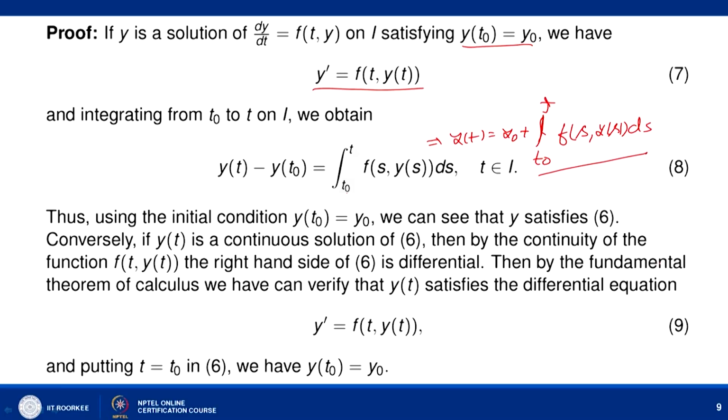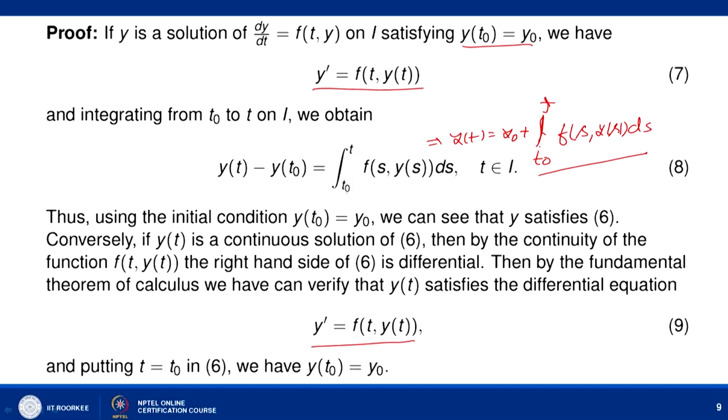Then by the fundamental theorem of calculus we can verify that y(t) satisfies the differential equation. We simply differentiate this; the constant term gives 0, and using the Leibniz theorem, the derivative of the integral gives y'(t) = f(t, y(t)).